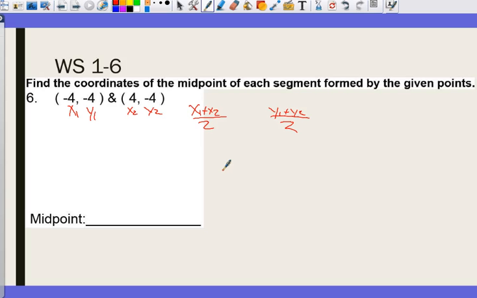So x1 is -4 plus 4 divided by 2. y2 is -4 plus -4 divided by 2. -4 plus 4 is 0, like you guys were saying, divided by 2, which is still 0. -4 plus -4 is -8, like you were saying.